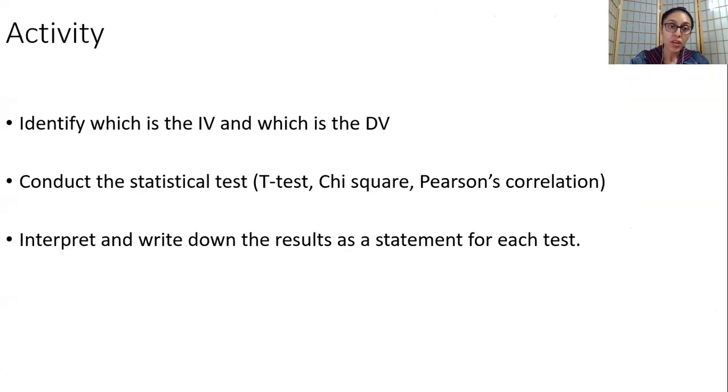Now, guys, as an activity, rather than giving you a separate data set to practice on, I would request that you use these 3 data sets. Once you have seen the tutorial, practice on these 3 data sets: Pearson's chi-squared, t-test, and Pearson's correlation.